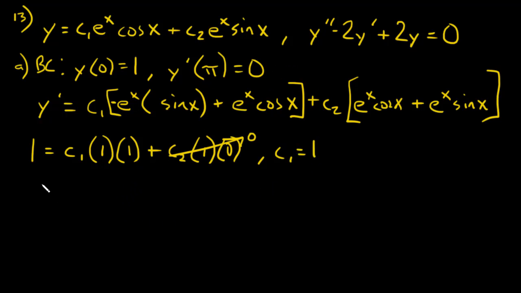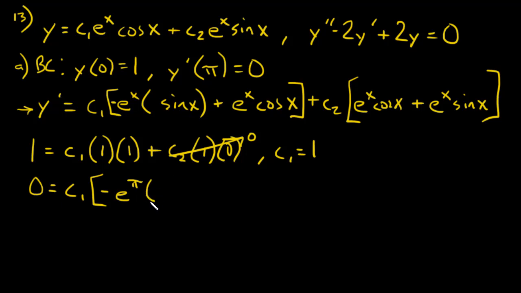Now, I'm going to plug in x is pi, y prime is 0, so I'm going to plug it into this equation right here. So I get 0 is equal to C1 times negative e to the pi times sine of pi.